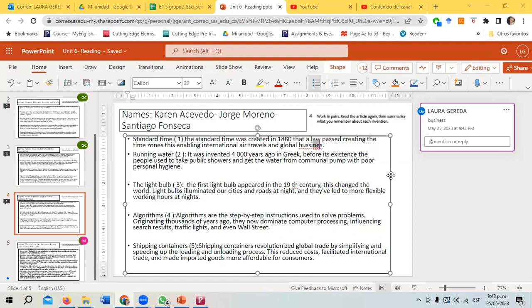And in this order of ideas, the algorithms has the fourth place because it is important, but not too much. But it is very useful to do many processes nowadays. And the last one is shipping containers, because it's the latest invention.